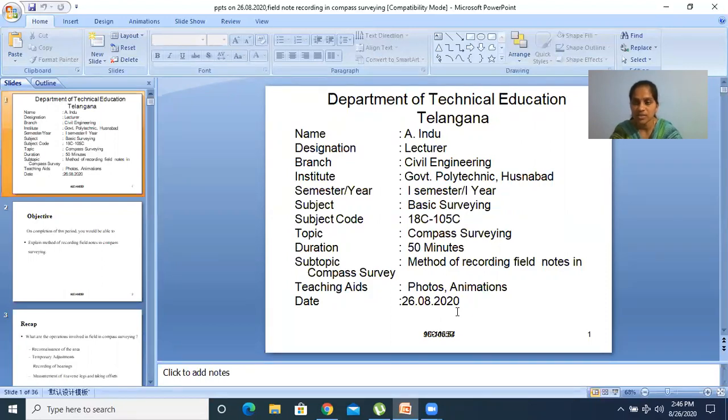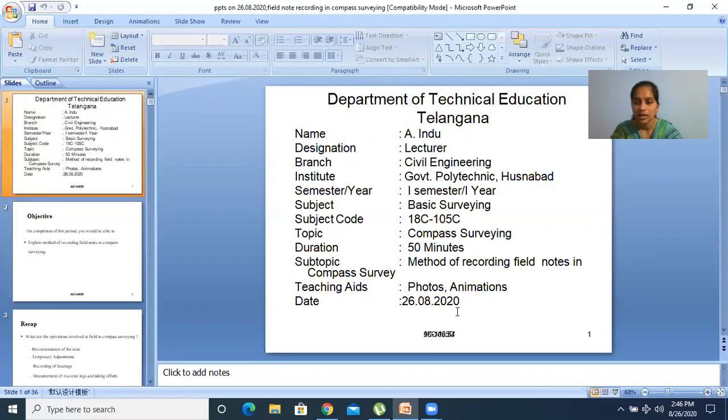We also discussed another important topic, that is field records and field procedure, how we do the field work in the field. First of all, in the field we have to check where the instrument has been set up.